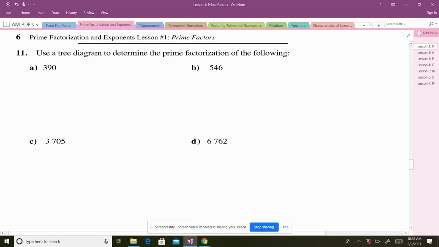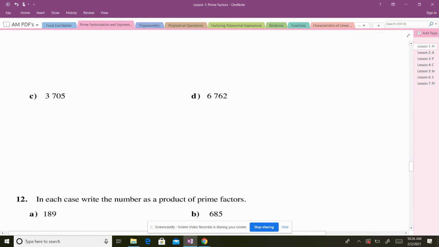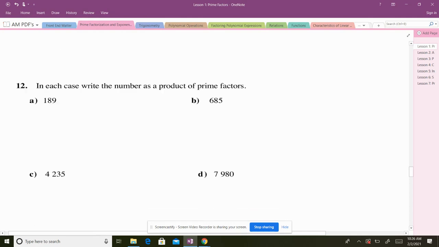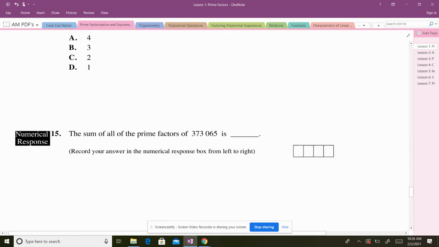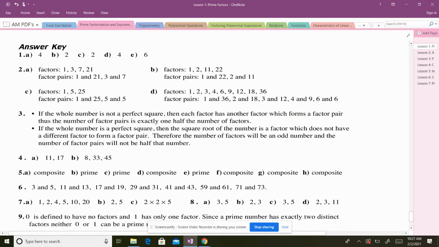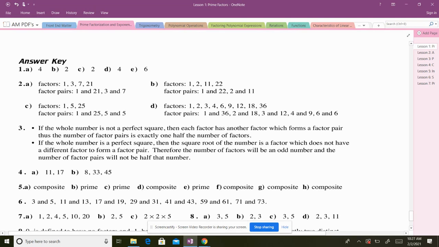You're going to do the prime factorization of those numbers, and then 12, A and B as well. The answers are at the very back, right where it says answer key. If you have any questions, put your hands up. I will ask you. You've got 15 minutes to work on these, then we'll start lesson number 2. Isn't this fun?